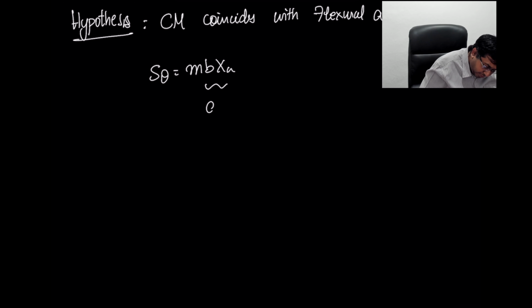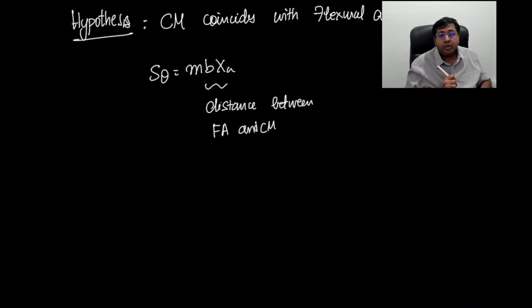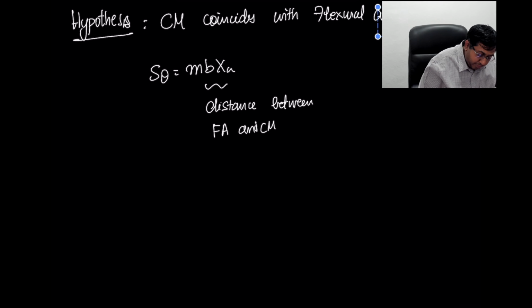So this was nothing but the distance between our flexural axis and center of mass. Which means if the center of mass coincides with our flexural axis, then automatically this term is going to be 0, right? So if it coincides, then this is going to be 0.